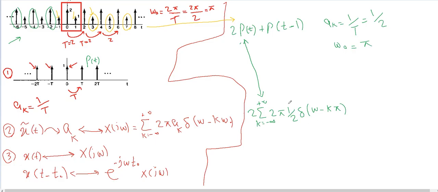Here alpha is equal to 1 divided by 2 and omega 0 is equal to π.